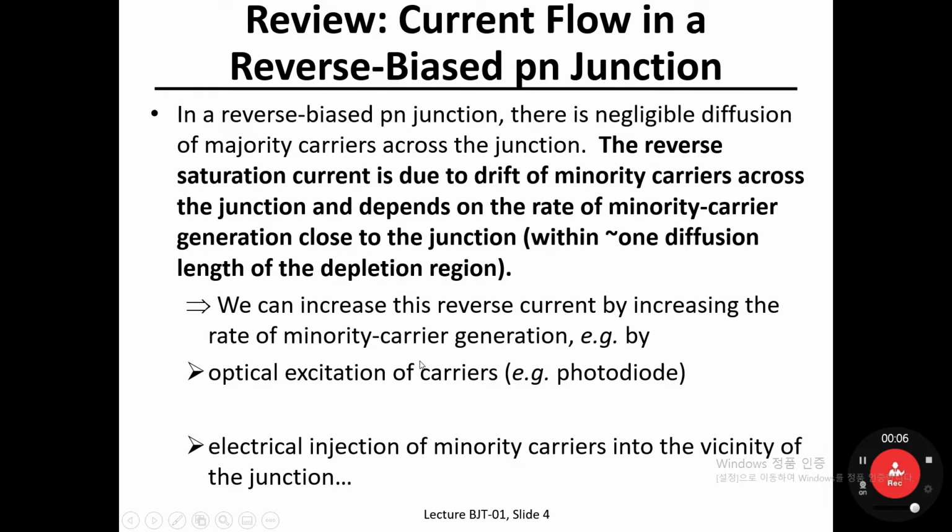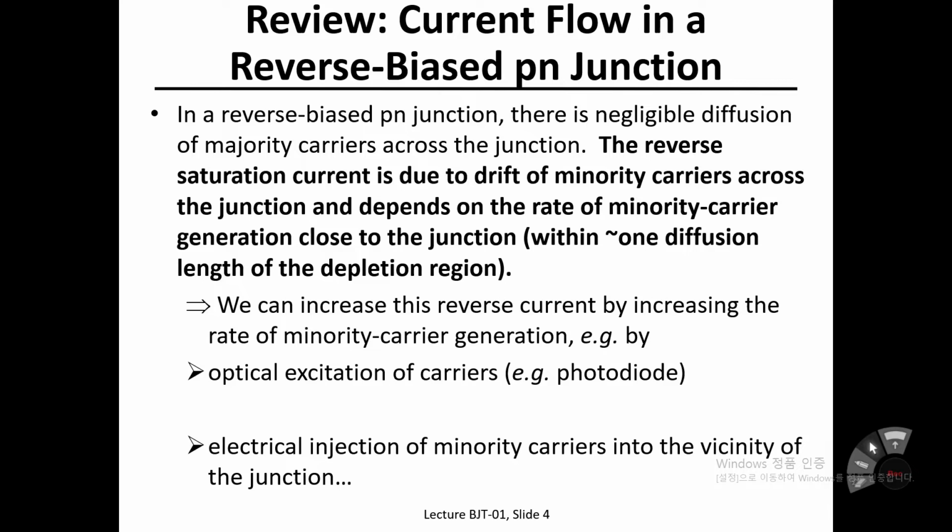Okay, so in this movie clip, let's briefly review what we have learned for the reverse biased PN junction diode. Since this PN junction diode is reversely biased, the total amount of current is very small, negligible compared against the forward biased current flow in a PN diode.